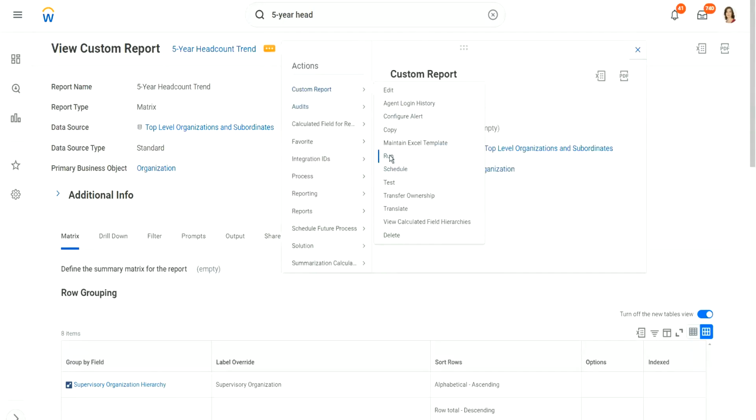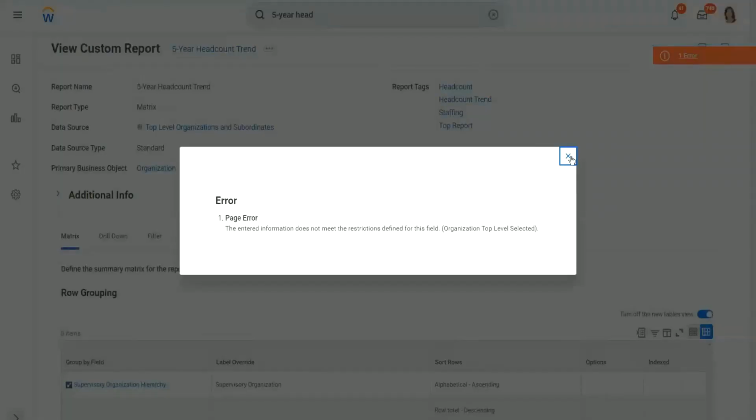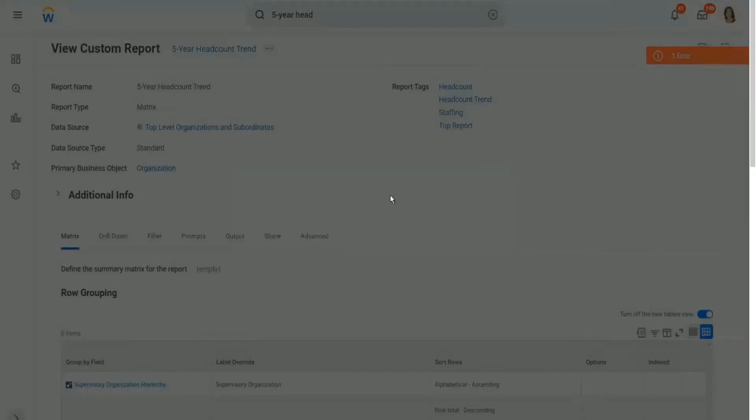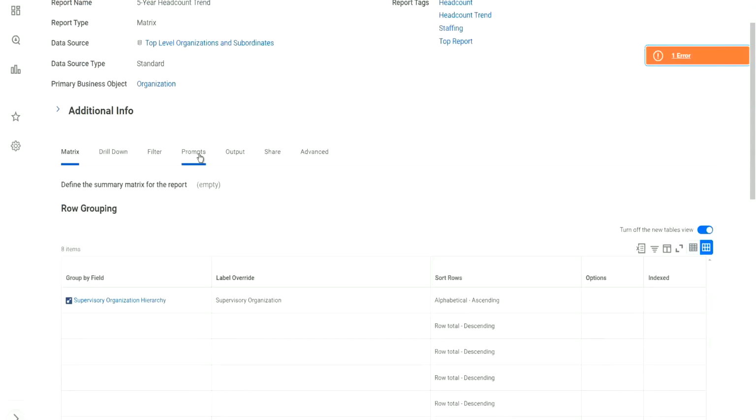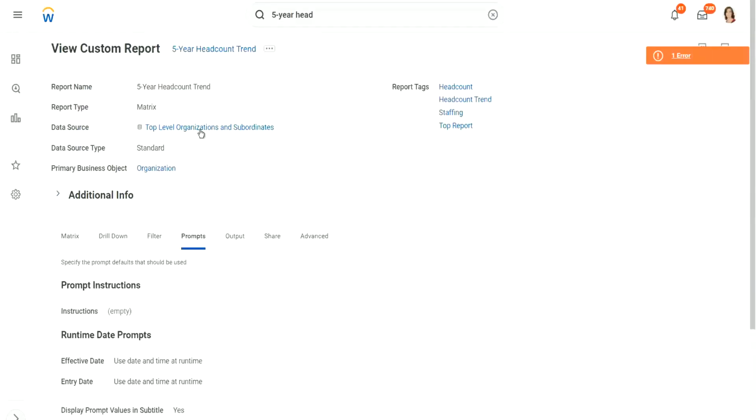Let me run this report. Okay, not running, organization top level selected. Somebody did something funny with this. Anyway, let's not bother too much about this, let's look at another one.